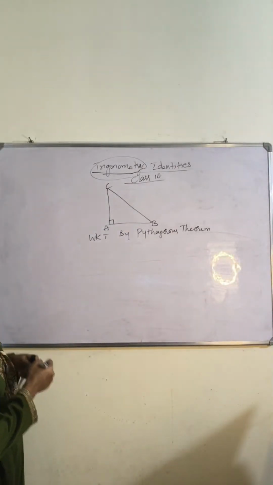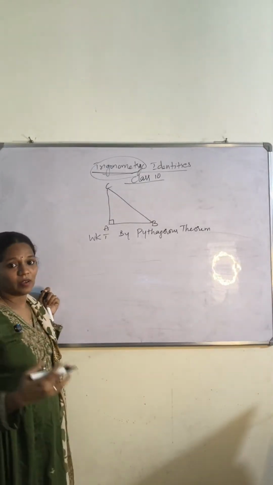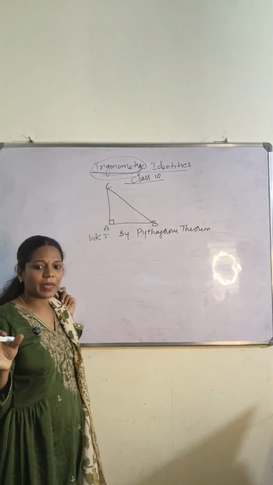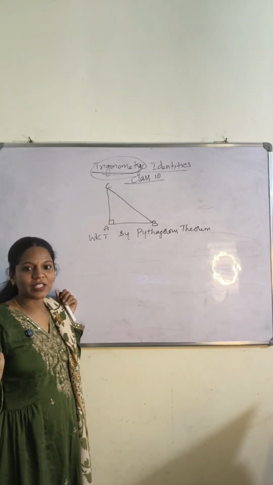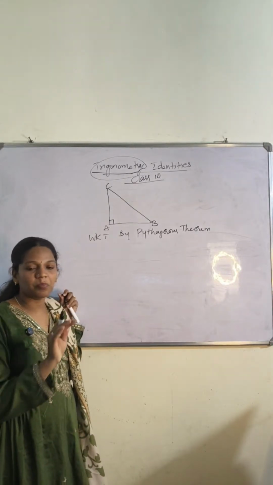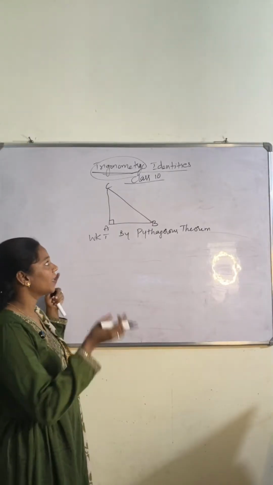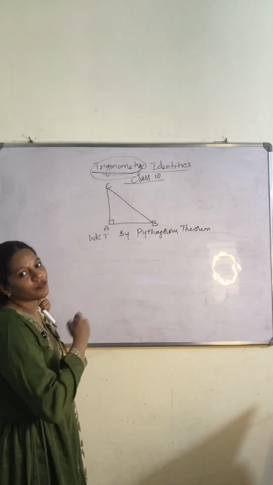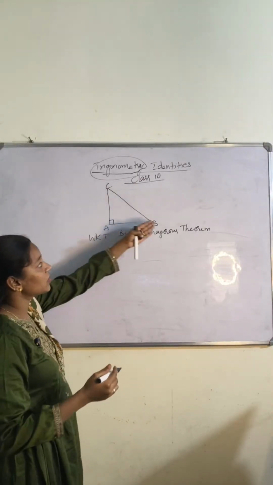Next, Pythagoras theorem. Whenever someone asks what the Pythagoras theorem is, don't say a square plus b square plus c square, and never say a square is equal to b square plus c square. Always try to give the statement in a right angle triangle. Square of hypotenuse. According to my figure, the hypotenuse is BC.